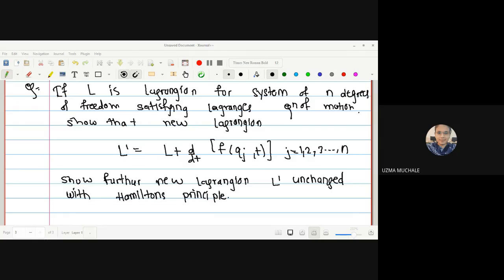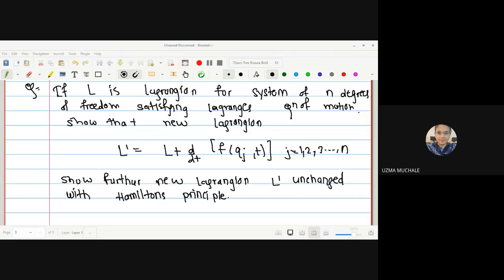Have you read it? Yes, ma'am. We are given L is a Lagrangian function for n degrees of freedom, and we have to show that L dash is also a Lagrangian function which satisfies the Lagrangian equation with the help of Hamilton's principle.